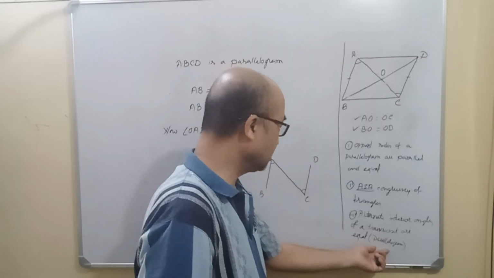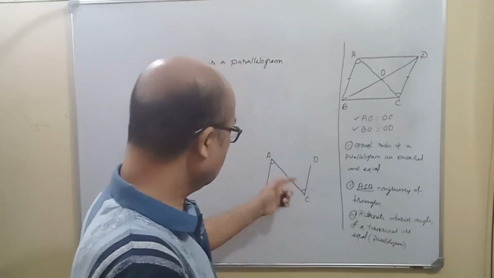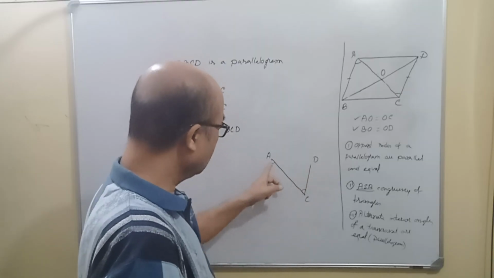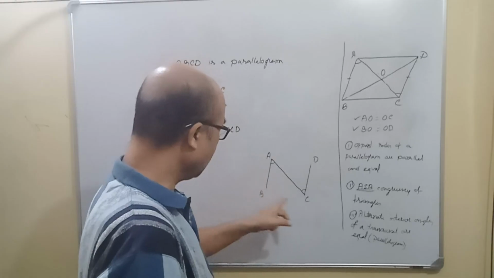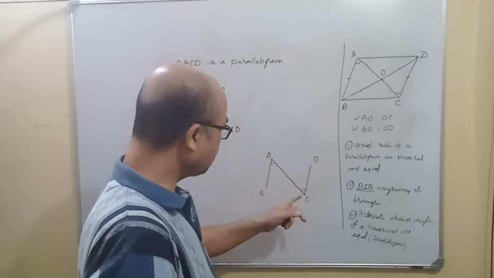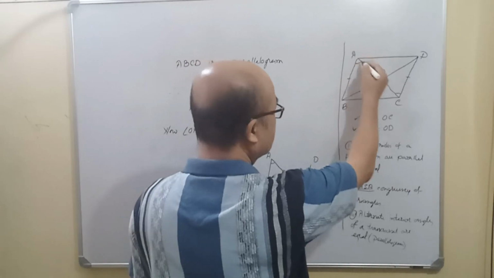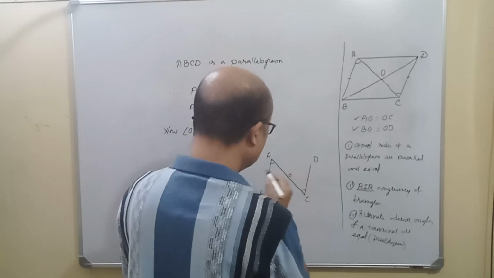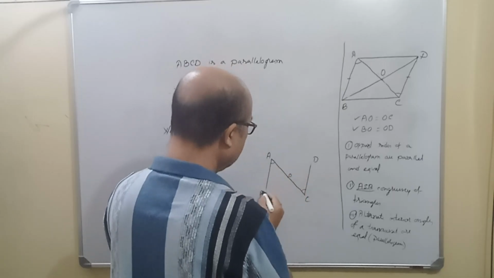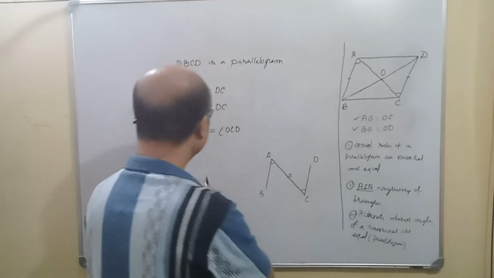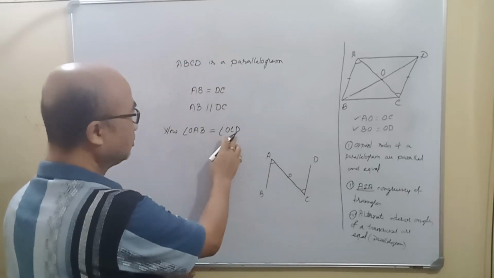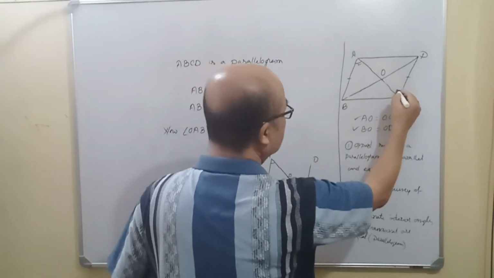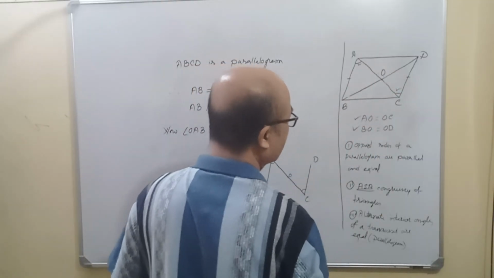So since AC is the transversal of these two parallel lines AB and CD, this is the same line AOC, and this is the midpoint. So OAB is equal to OCD, which means this angle is equal to this angle.